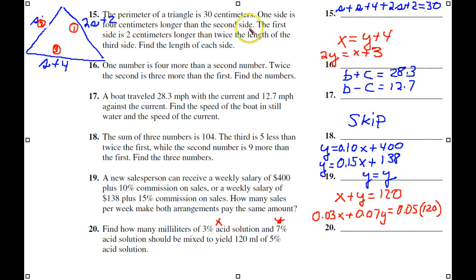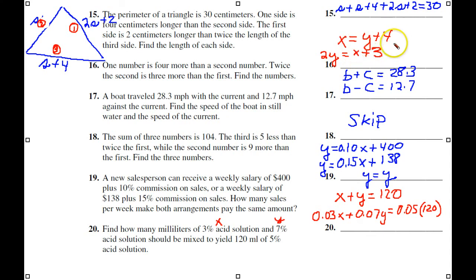Anyway, that's the perimeter. Now, number 16 wasn't too bad because it was the sum of, well, first, one number is 4 more than the second number. That was easy. And then twice the second, you had to remember, was y, equals the first increased by 3.